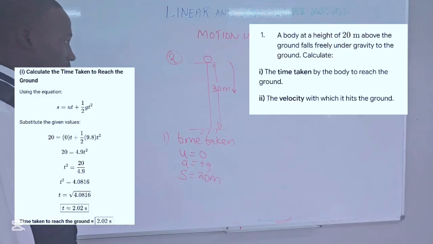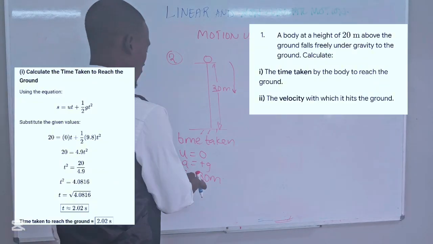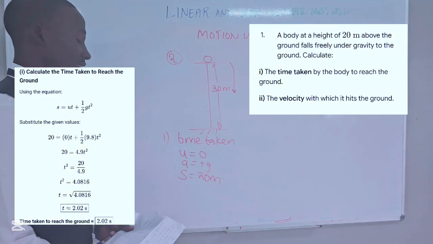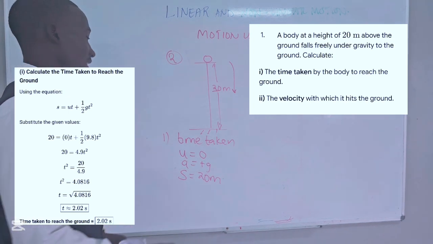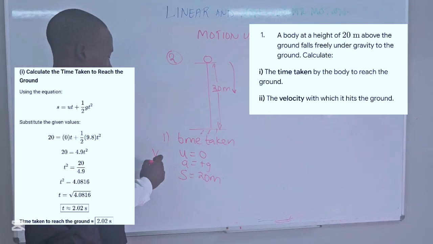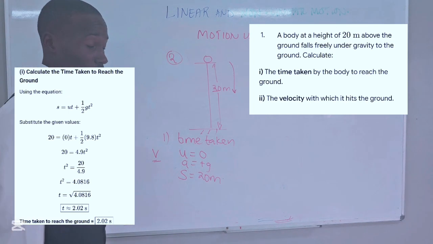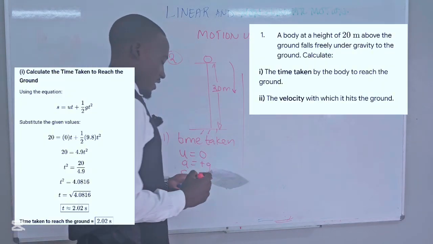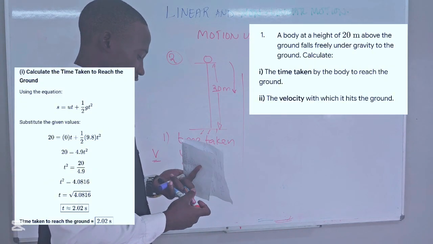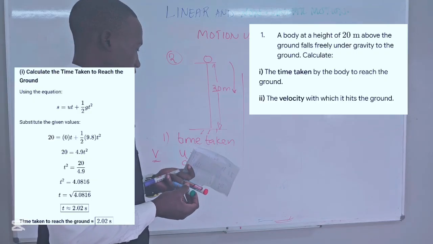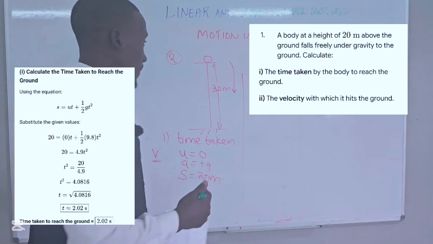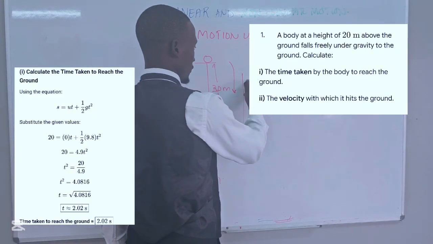So here we can use an equation that has the time and the displacement, but doesn't have the v, because they have not talked about the v. So we are going to use the second equation. I know most students get confused on the right equation to use. Please look at what you have and determine the right equation to use.